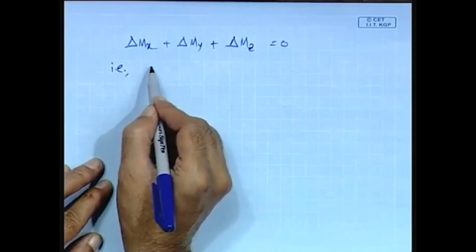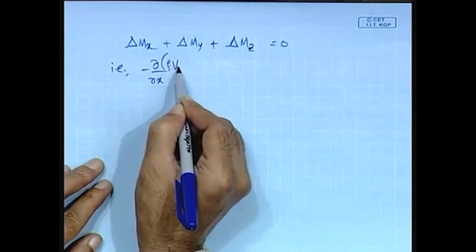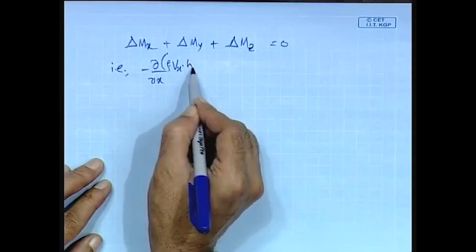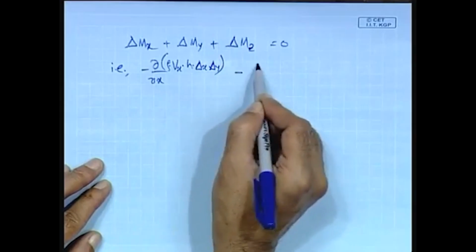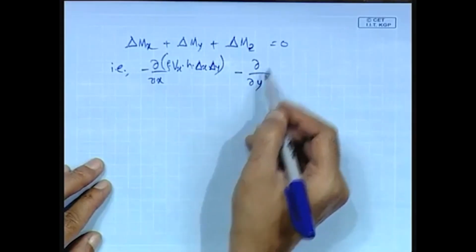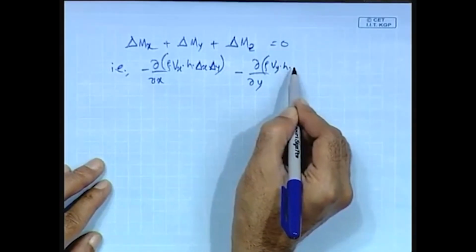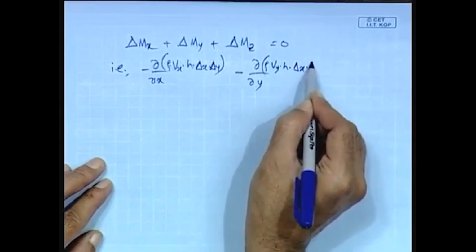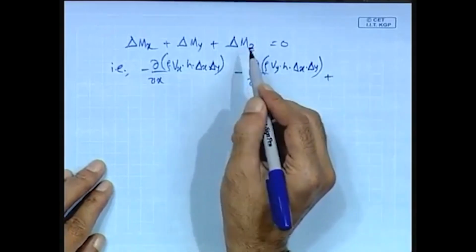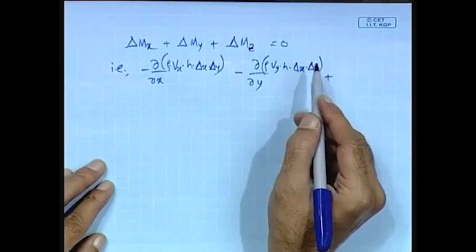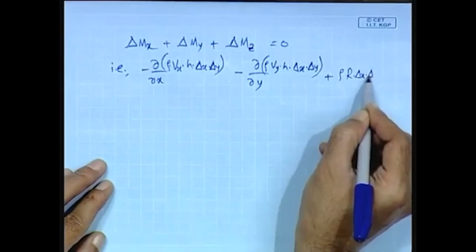So, that is we get minus d by dx of rho Vx h delta x delta y, minus d by dy of rho Vy h delta x delta y, and this recharge, that is the net efflux in the z direction, given by rho r delta x delta y.